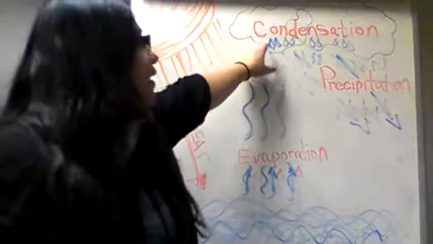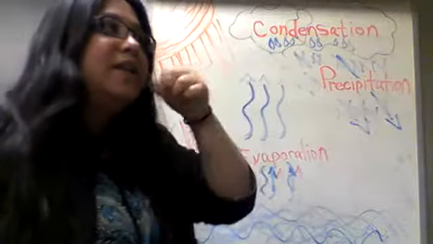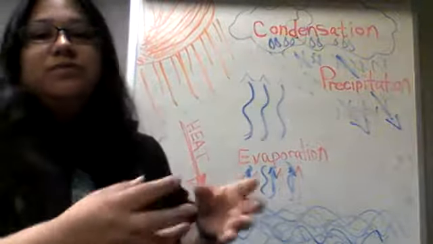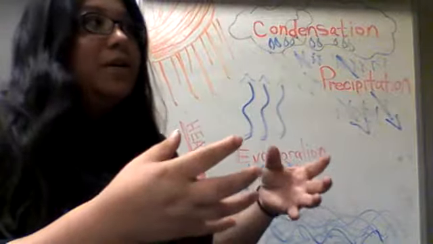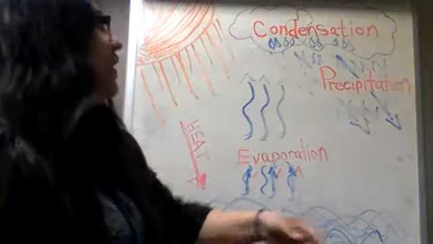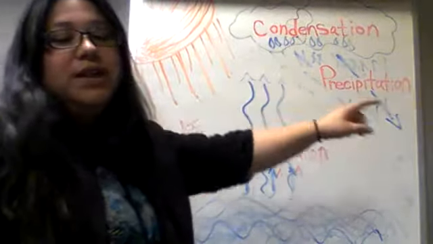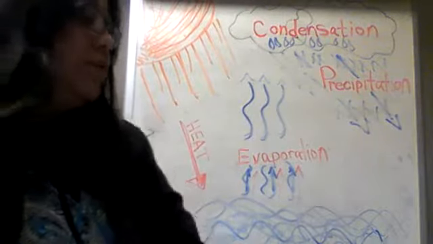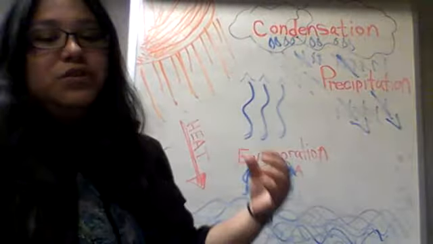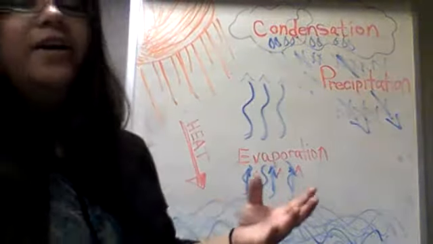What happens in the clouds is that the steam, the vapor, turns into raindrops pretty much. They come together, they get bigger, they get heavier, till eventually they fall. And that's what leads to precipitation. So what precipitation is, it occurs when the water is too heavy, too condensed, and the air can't hold it anymore.